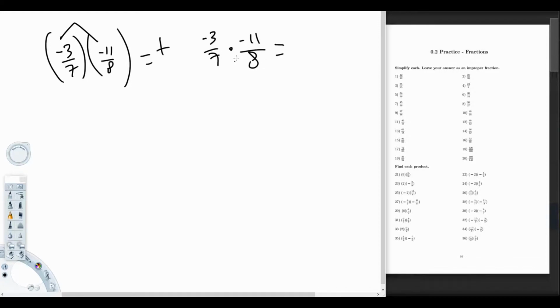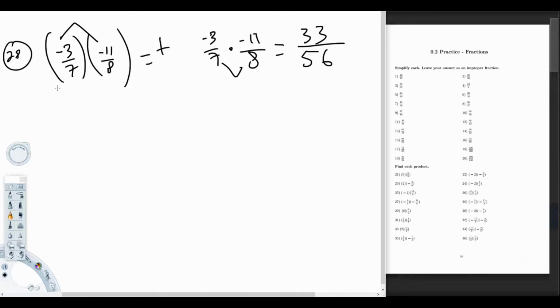Can we reduce anything here? I don't think so. Can I put any 3's into 7? Can I put any 11's into 8? Nothing. So this is just the way it's going to be, folks. 7 times 8 is 56. Negative 3 times negative 11, 33. And is that your answer? I think it is. If it isn't, well, it isn't. Maybe it can be reduced further. I just can't see it right now. No, I can't see it.